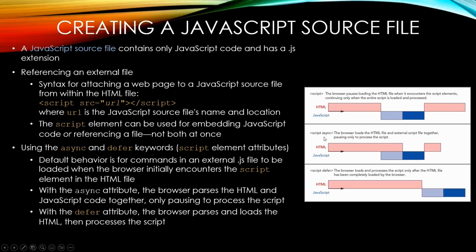If I say async, the HTML is going to load, it's going to start loading the script and then pause the HTML to run the script and then complete the HTML load. The other keyword we have is defer. And this is going to load the HTML file completely first, and then only after that HTML file is completely loaded by the browser will it go and load the script and then execute the script.